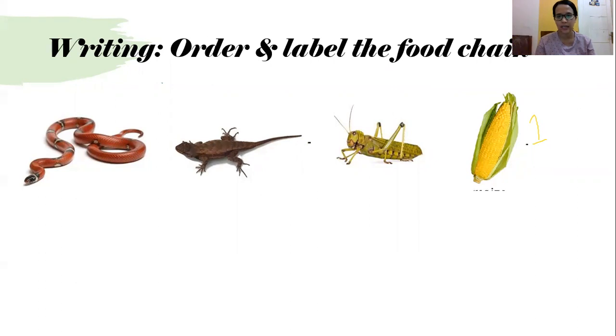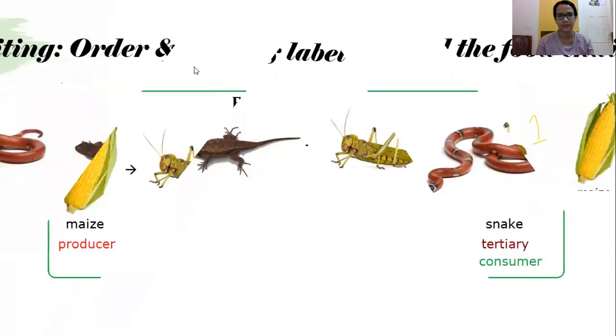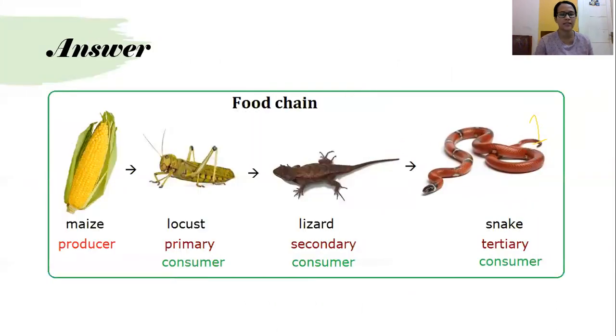Okay, let's check what the answer is. Like I said, it always begins with a plant. So the maize is the producer. Second one, the locust. The locust eats the maize, so the locust here is the primary consumer. Next, the lizard eats the locust, as the secondary consumer.